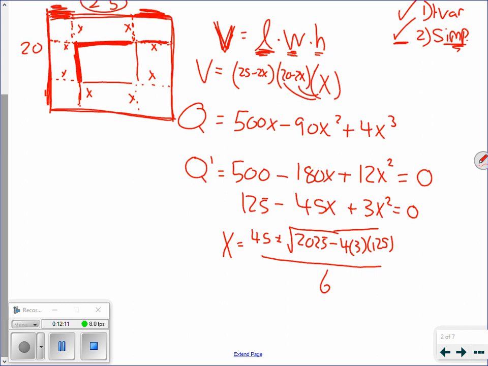Okay, that's just the quadratic formula that we've done in the past when we can't factor. And this ends up being 45 plus or minus the square root of 525 over 6.